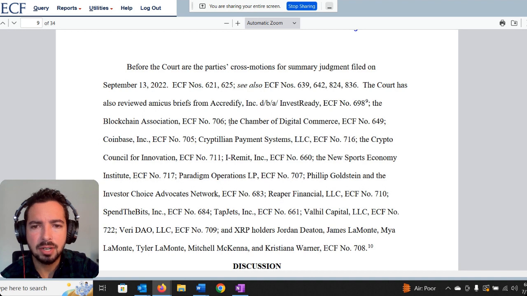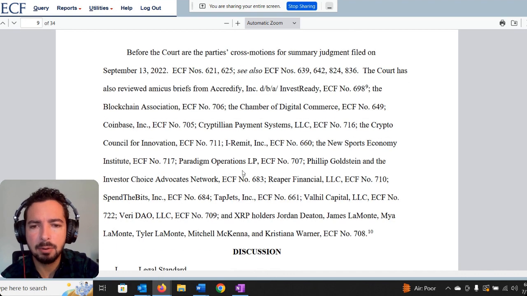The Blockchain Association, the Chamber of Digital Commerce, Coinbase, Cryptillion Payment Systems, the Crypto Council for Innovation, IvoryMet Inc., the New Sports Economy Institute, Paradigm Operations LP, Philip Goldstein and the Investor Choice Advocates Network, Reaper Financial, Spend the Bits Inc., TapJets Inc., Valhill Capital LLC, VeryDAO LLC, and the famed XRP holders Jordan Deaton, James Lamonte, Maya Lamonte, Tyler Lamonte, Mitchell McKenna, and Christiana Warner.